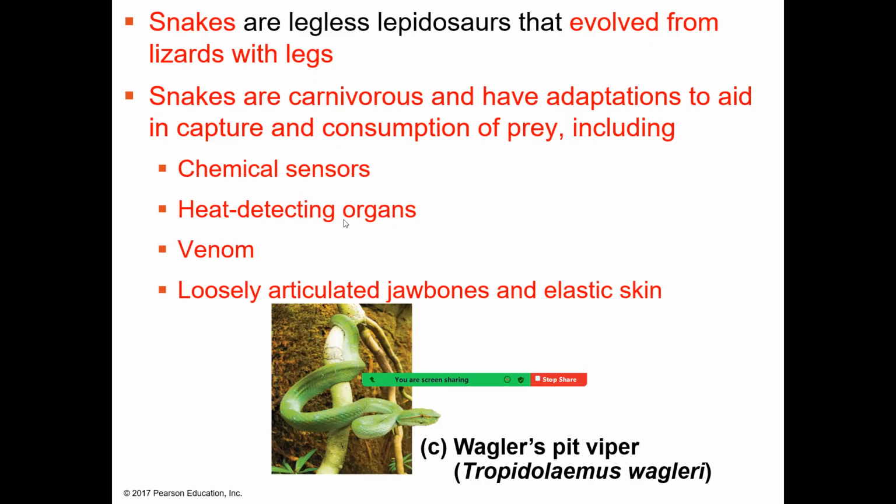And the way that they do it is they actually have very loosely articulated jawbones, meaning their jawbones are able to open very wide apart from each other, and very elastic skin. So snakes are able to eat and digest very, very large organisms, much larger than themselves, and break that down.